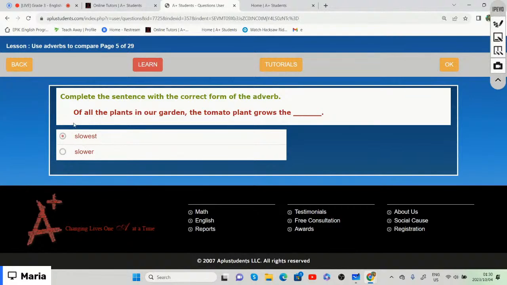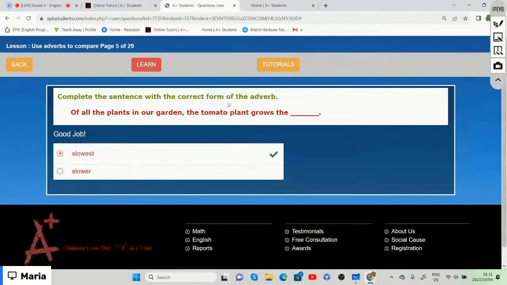Of all the plants in the garden, the tomato plant grows the slowest.